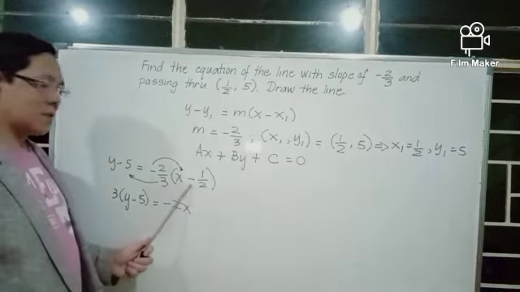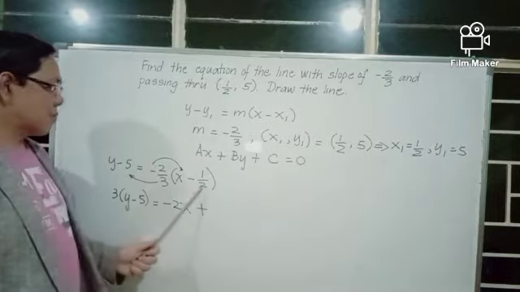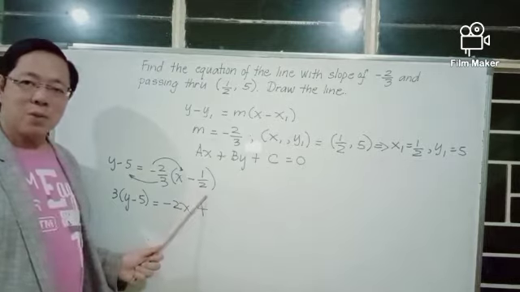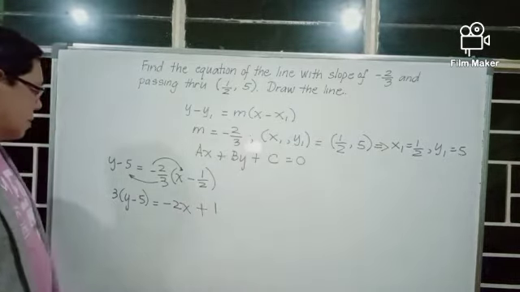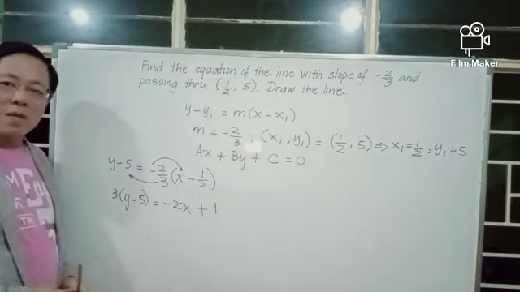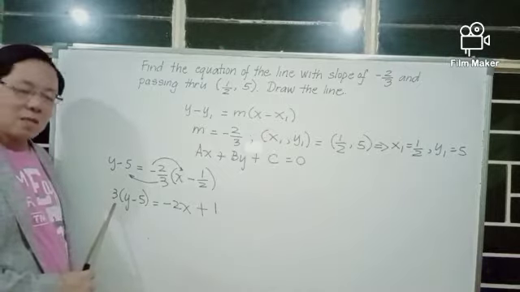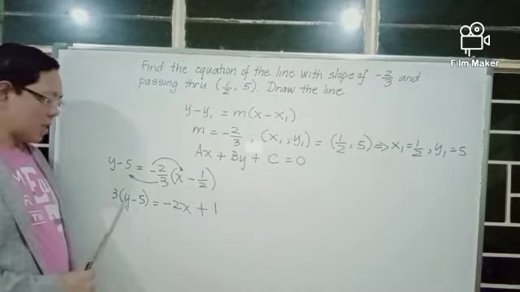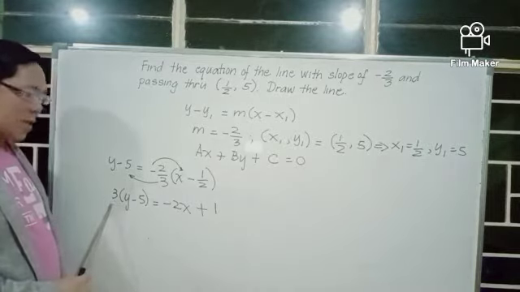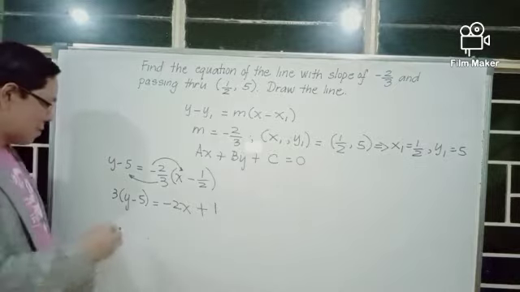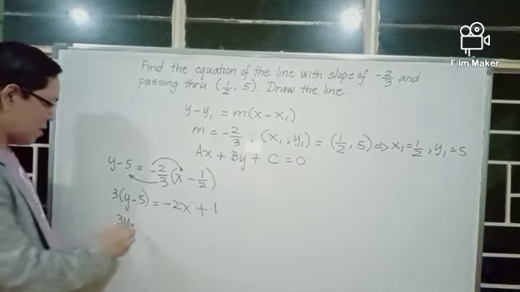Negative times negative is positive, and 2 multiplied by 1/2 is 2 over 2 or 1. From the left, we remove the grouping symbols again by using the distributive property. We multiply y and negative 5 by 3. 3 multiplied by y is 3y. 3 multiplied by negative 5 is negative 15.